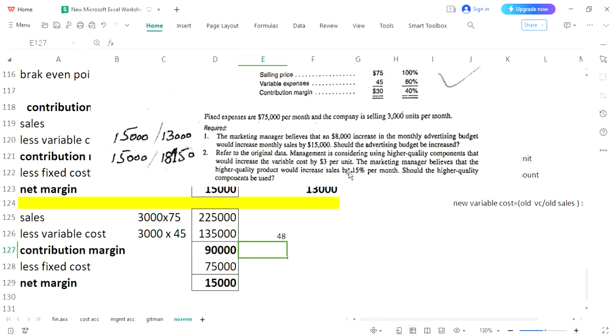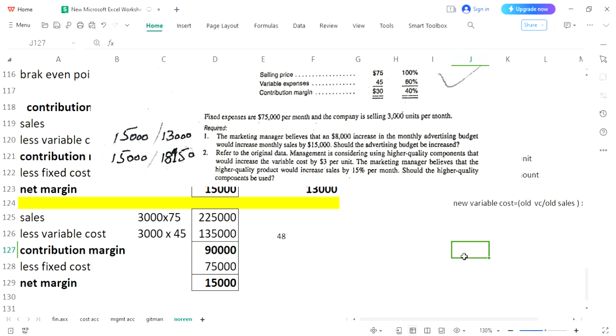Then what will happen? The marketing manager believes that the higher quality product will increase sales by 15%. Look at this. Initially you were selling 3000 units, as the owner or manager. If sales increase 15%, how many units would be sold?